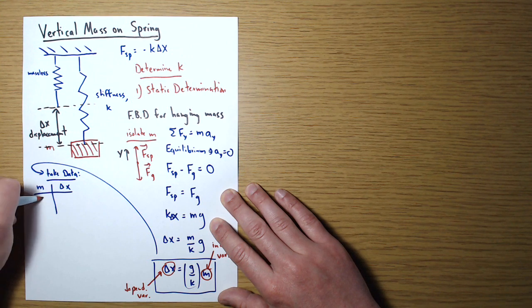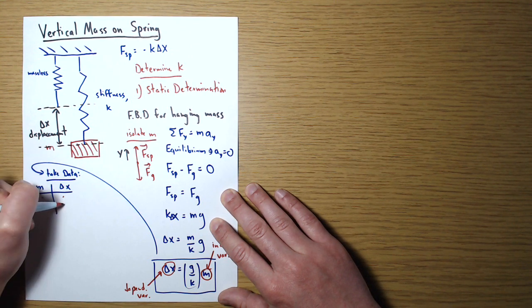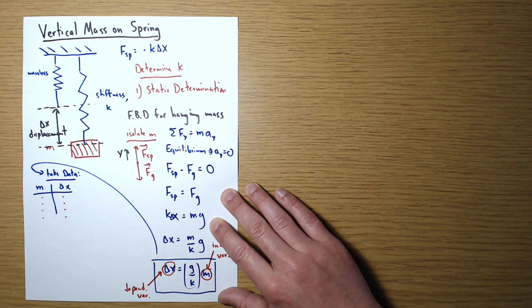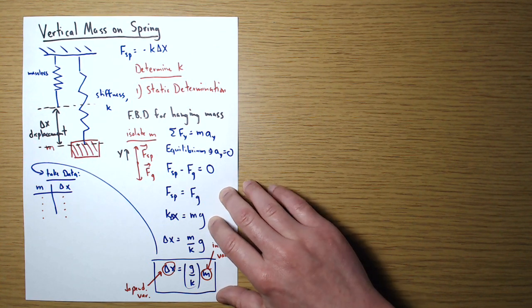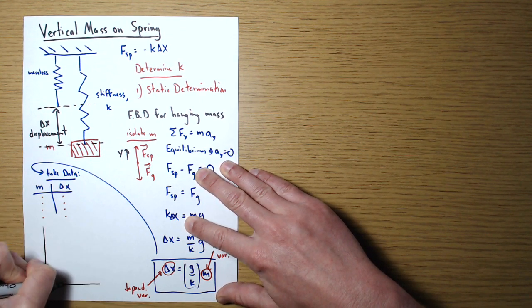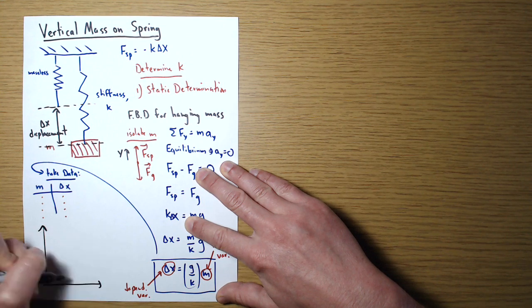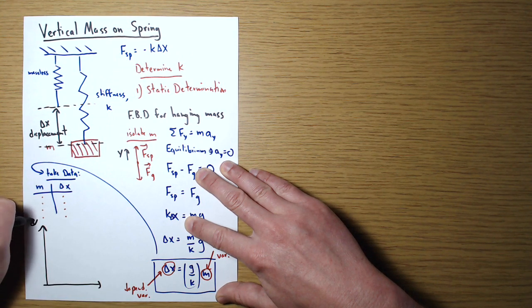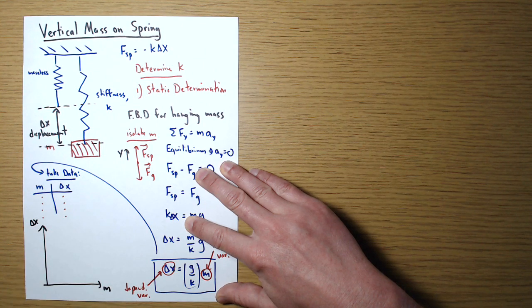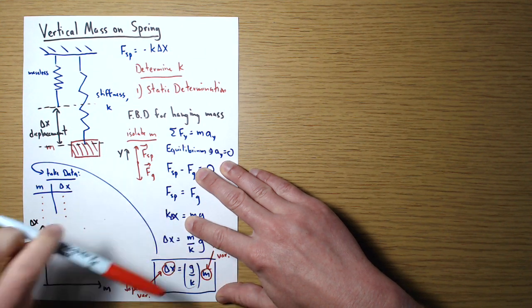And I get a number of different points that correspond here. Now what I'm going to do is I'm going to take that data and I'm going to plot it. I'm going to make a graph here. And I'm going to plot on the vertical axis delta x. On the horizontal axis, I'm going to plot m. And then I'm going to start to plot all my data points.